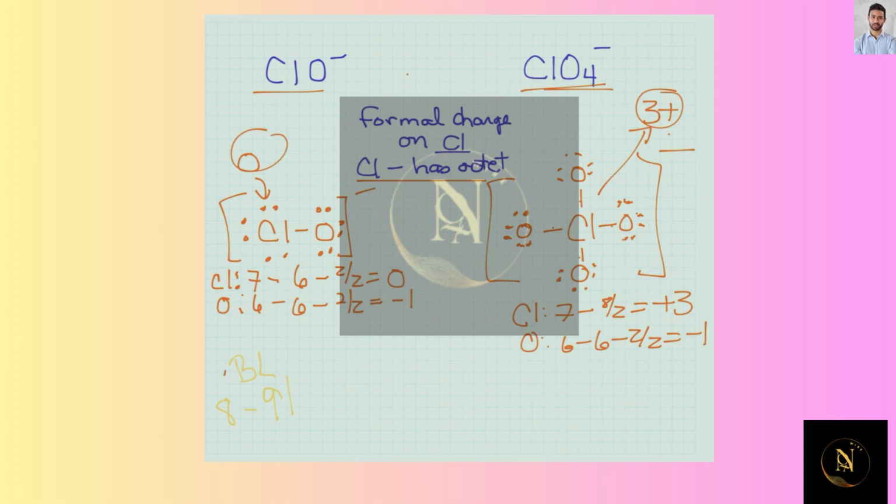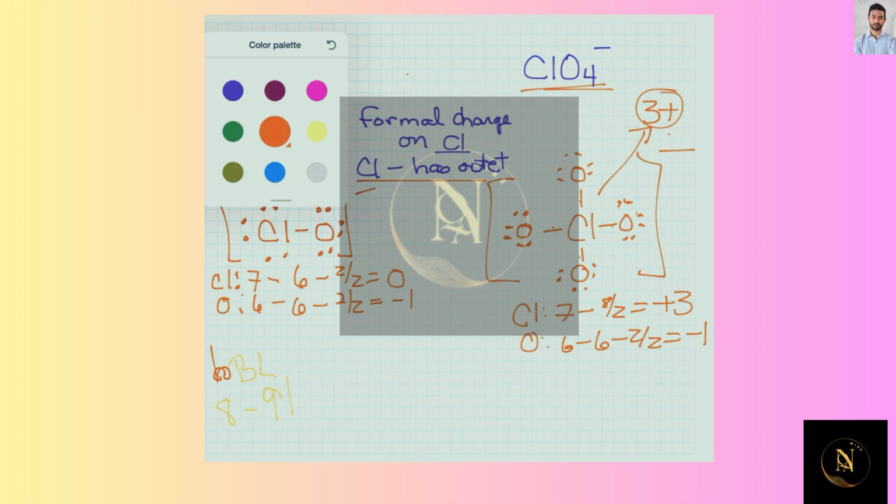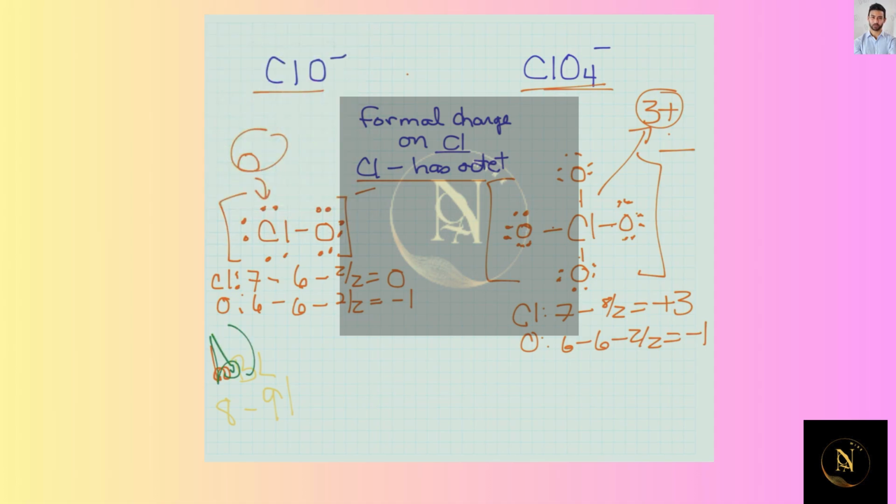Part B, that was A, was formal charges. Part B, let's change colors here, asks us what the oxidation numbers are. So let's do chlorine. There's a truck going by, sorry about that. This is minus 2. So this has to be a plus 1. That's the oxidation number of chlorine for the hypochlorite. And for my perchlorate, minus 2.